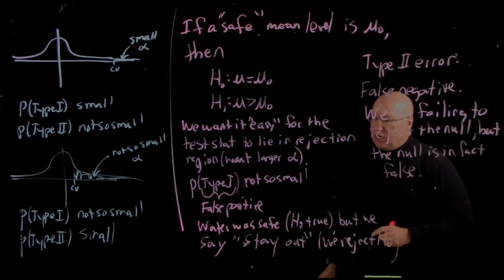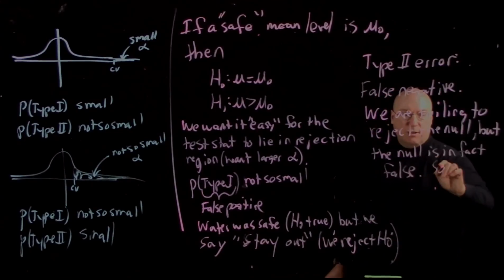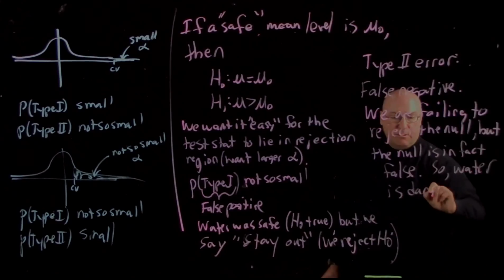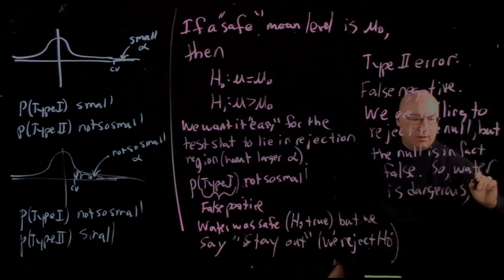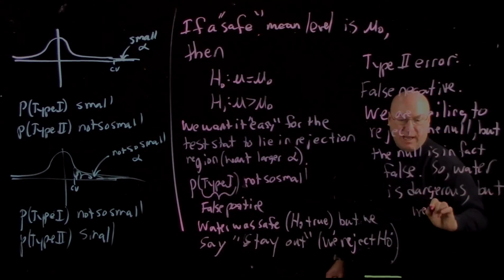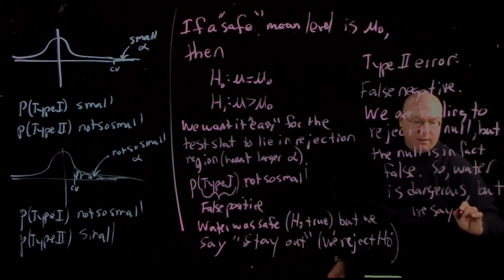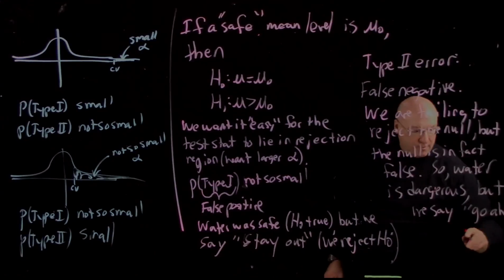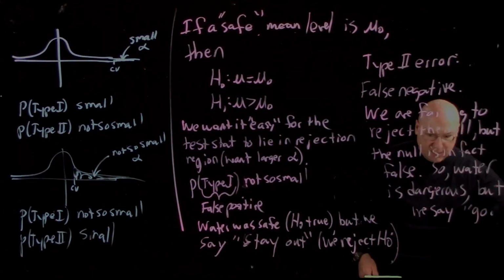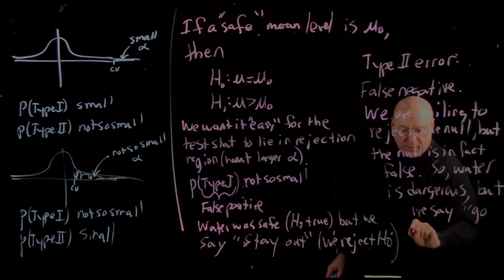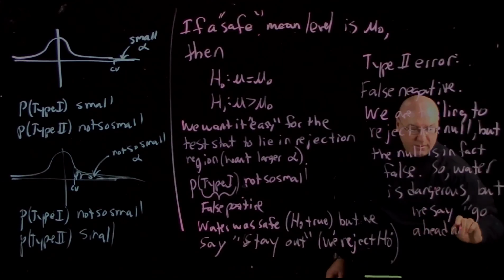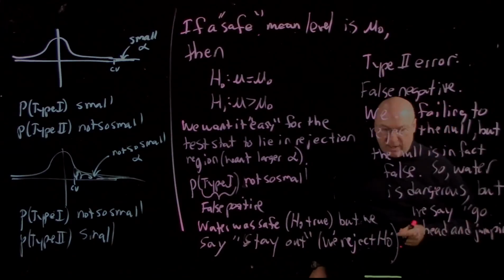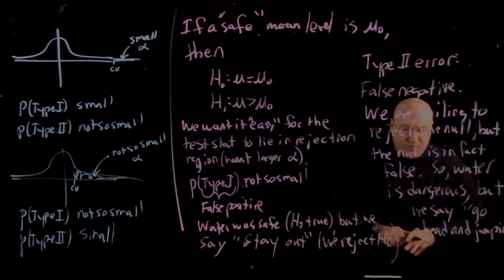So in this case, the null is false, so the water is dangerous. But we say go ahead and jump in, even though the water is dangerous.